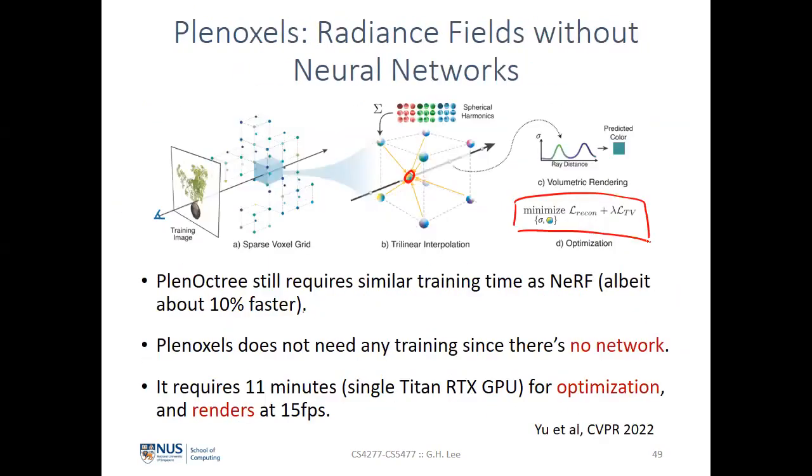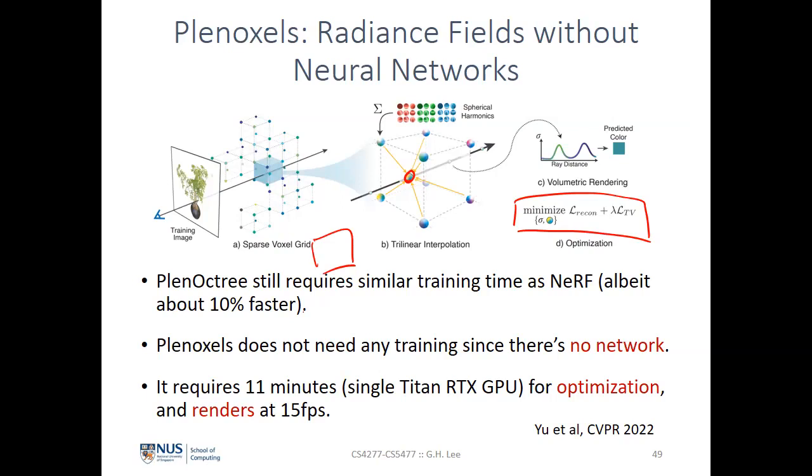Once you have done this, you would have gotten the coefficients for this particular point. So you can sample from this view, you can sample everything. And if you have a new view, you just need to project or render everything according to the coefficients that you have computed from the optimization here.